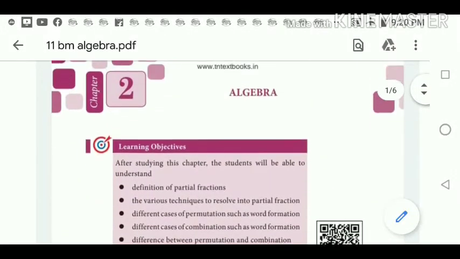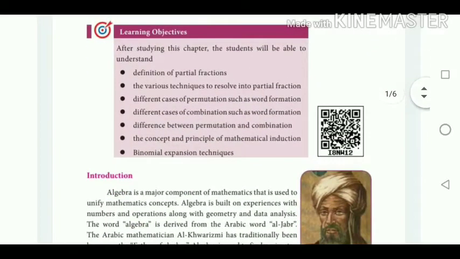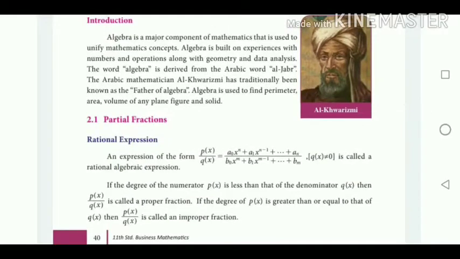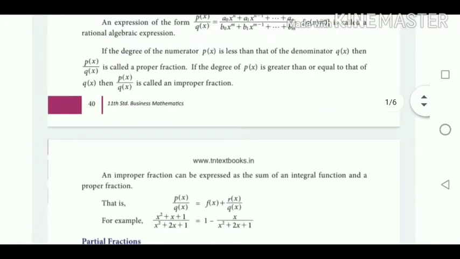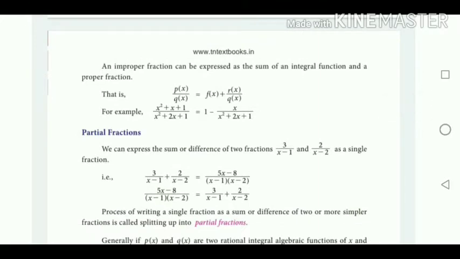Okay students, now we are going to see the second chapter, algebra. Here we are using algebra in order to solve problems relating to partial fractions. In partial fractions, first we divide the denominator into two parts.